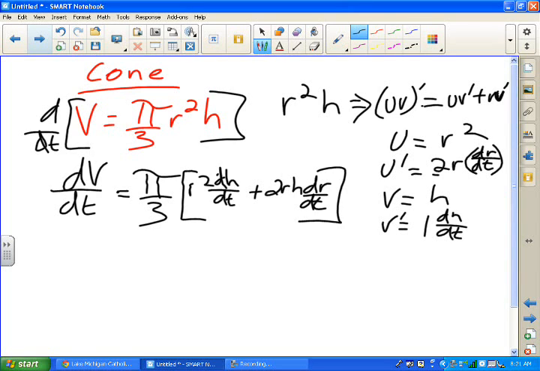And we can assign numerical values to those, plug those in, and actually determine rates of change for the volume, the height, or the radius of the cone based on whatever information we're given.